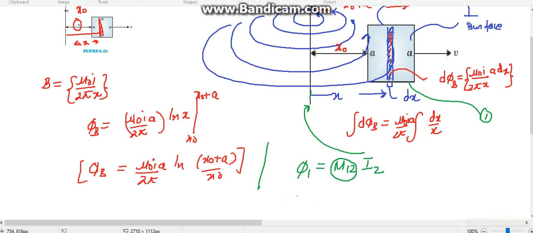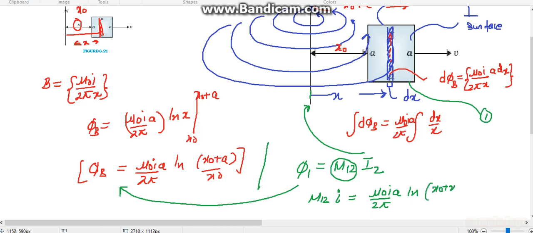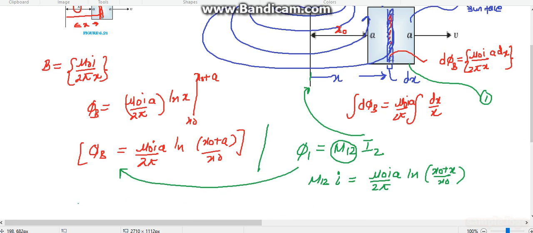So the flux through 1, phi 1, would be equal to M12 I2, which is mu 0 I a upon 2 pi ln of (x0 plus a) upon x0. I gets cancelled, so we get the mutual inductance as mu 0 a upon 2 pi ln of (x0 plus a) upon x0. That is the answer of part 1.